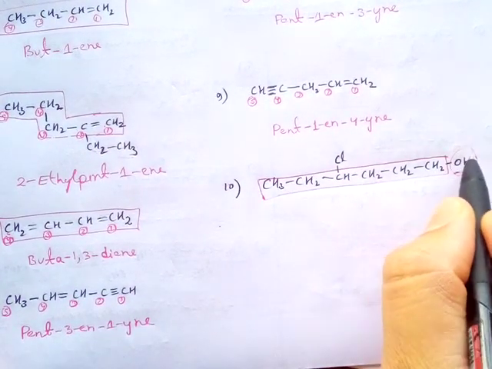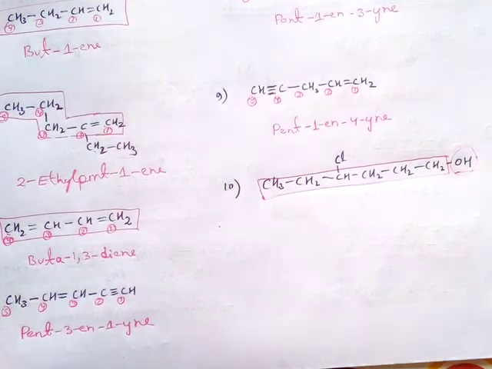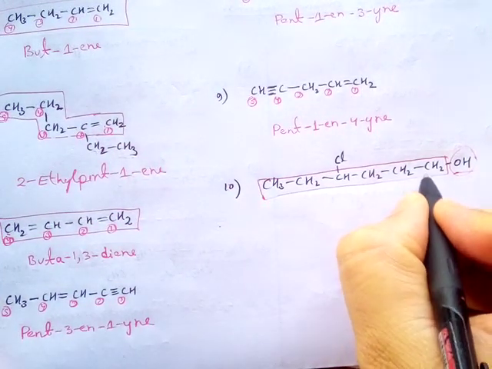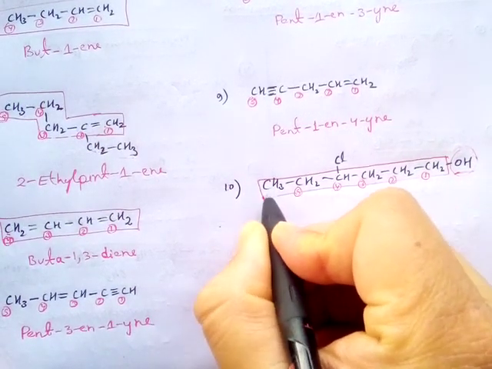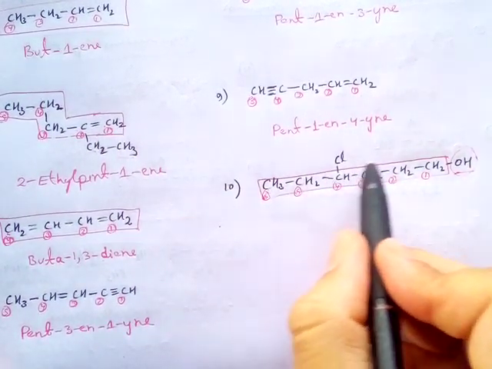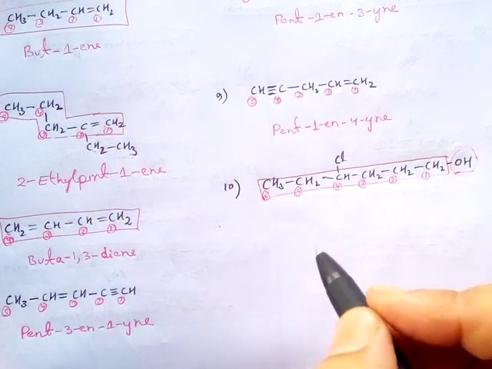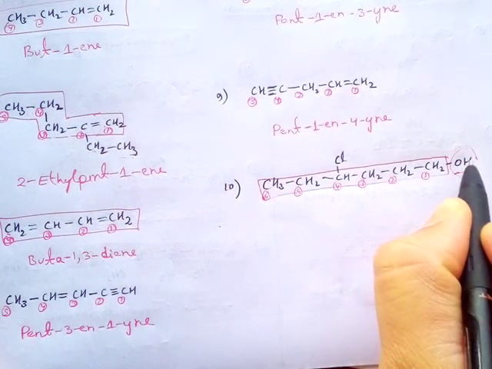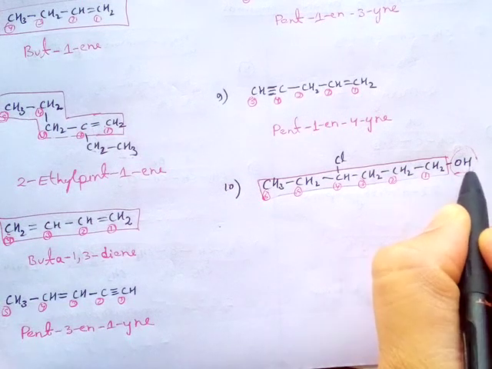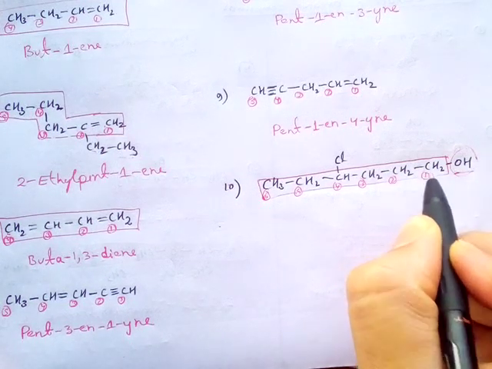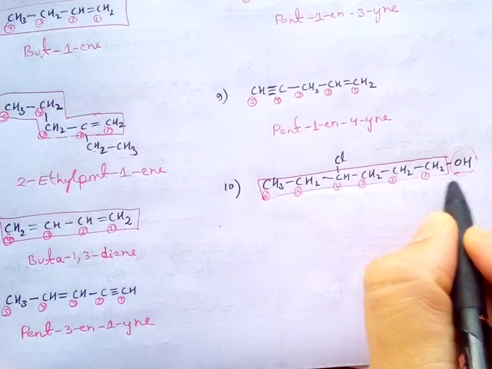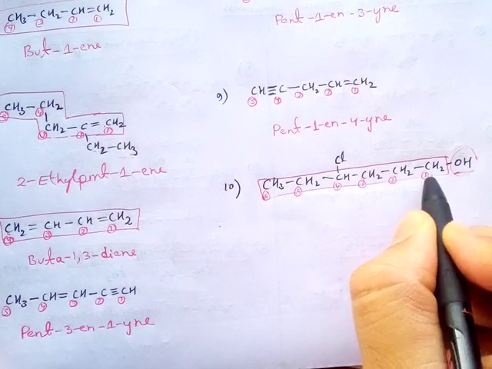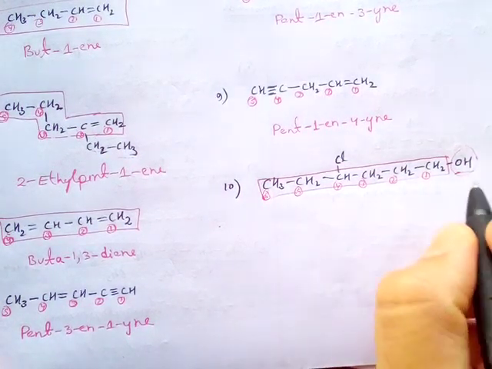So we'll put number 1, 2, 3, 4, 5, 6. Forget about the branches; branches may be at any position. You have to always look that the carbon attached to the functional group should get the minimum number. That is the rule. Forget about the double bond, forget about the branch.